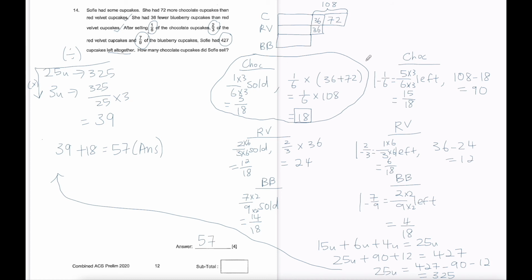So what we're basically doing is we're making this into 18 units. So for blueberry, 14 over 18 was sold, and so it becomes like that. 14 sold, and then 4 units left.